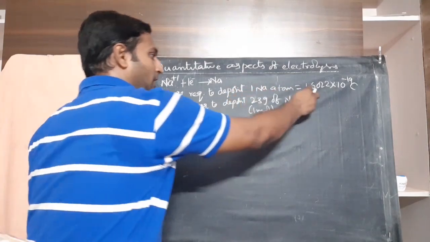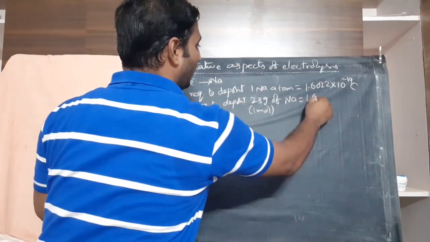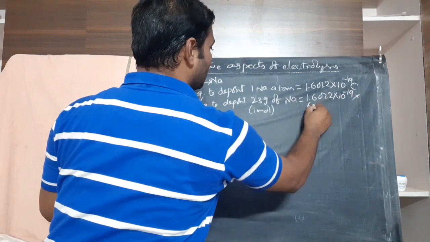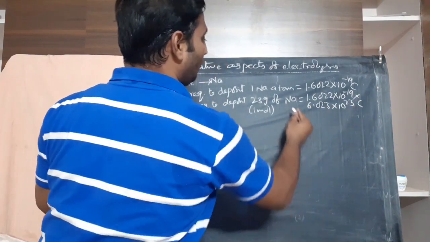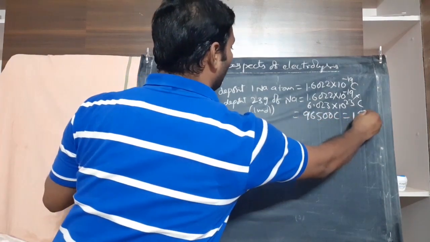So each atom requires so many coulombs. So 1 mole, that is Avogadro number, would require 1.6022 into 10 power minus 19 into 6.023 into 10 power 23 coulombs, which will be equal to 96,500 coulombs, that is 1 Faraday.